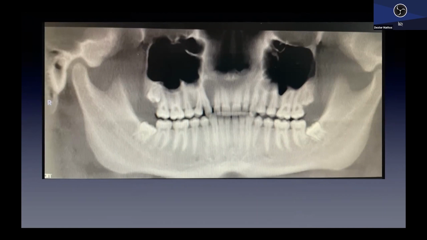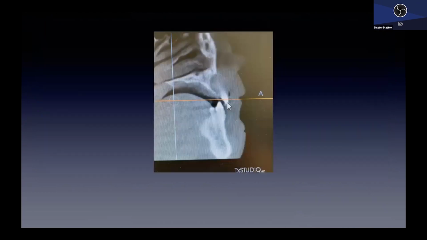Between teeth number 6 and 7, there's splaying of the roots. In the axial view, or probably an arch view of the CBCT, you can see a mixed radiolucent, radiopaque lesion of the anterior maxilla.